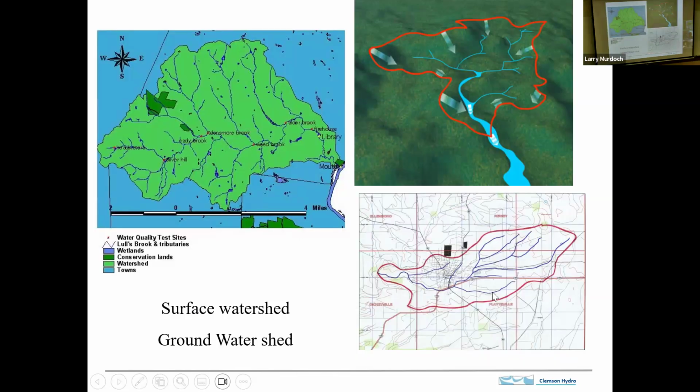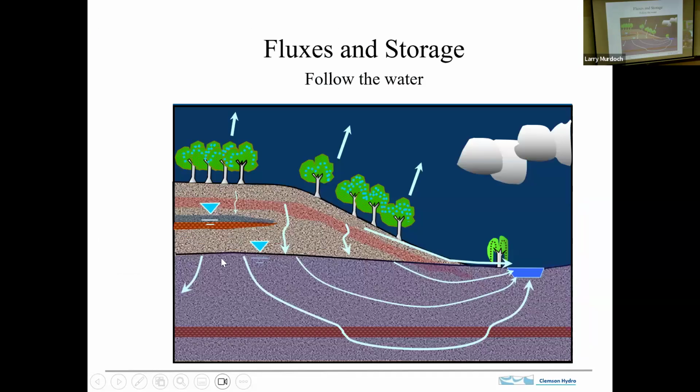So what I want to do is take a cross section through the long profile like this. We'll include the stream and we'll go up to the groundwater divide. And here's that cross section.